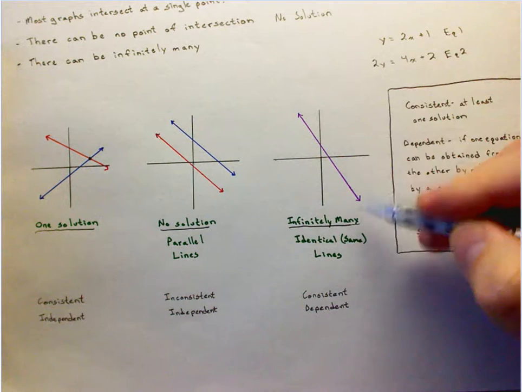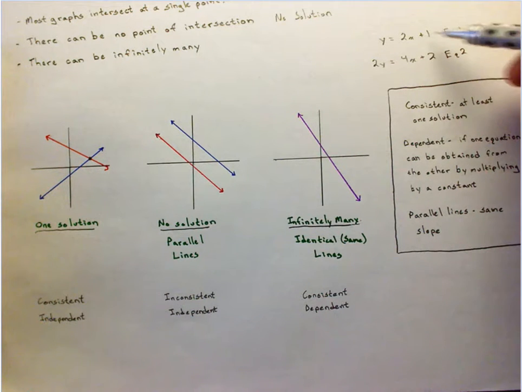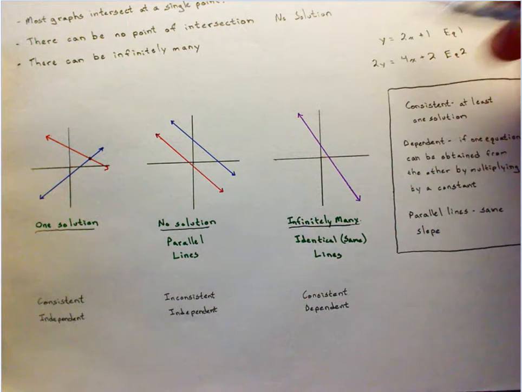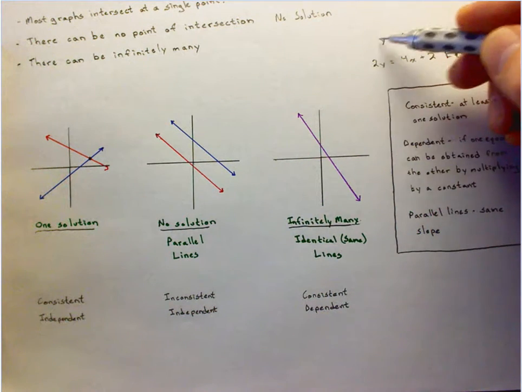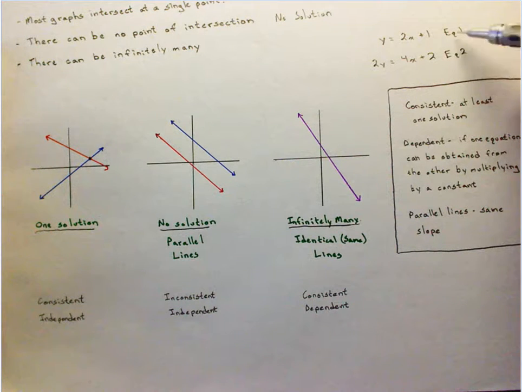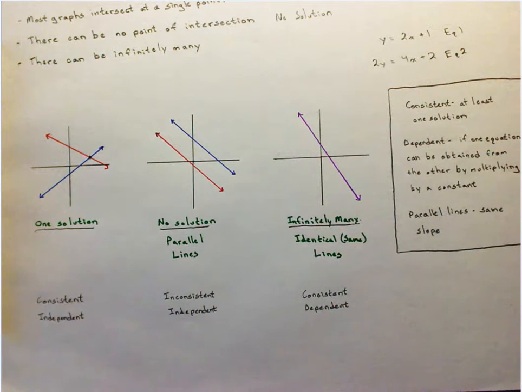This goes back to where I'm talking about infinitely many solutions and dependent equations. Equation 2 can be attained from equation 1 if I multiply equation 1 by 2, I end up with this. Or vice versa, equation 1 can be attained from equation 2 if I divide everything by 2. That is what is meant by dependence.